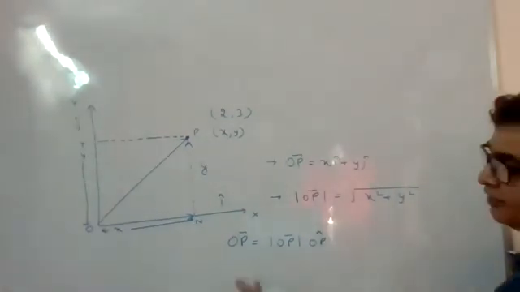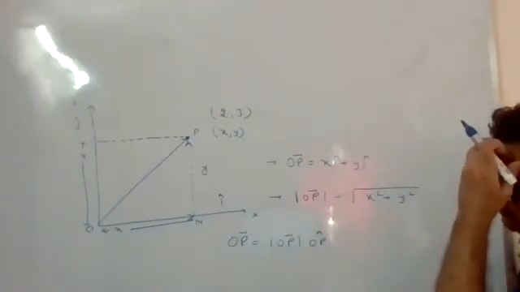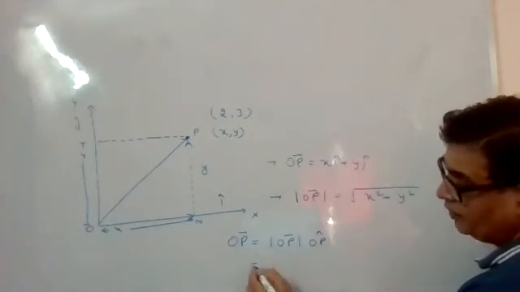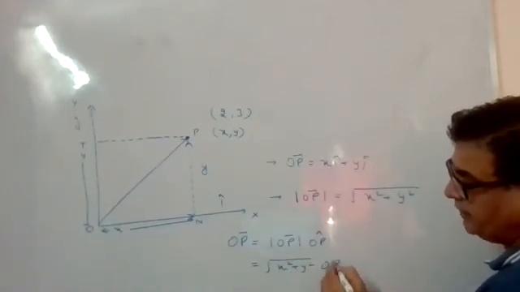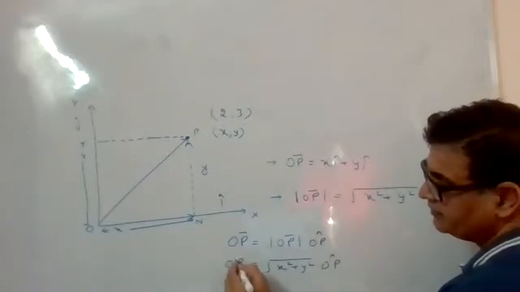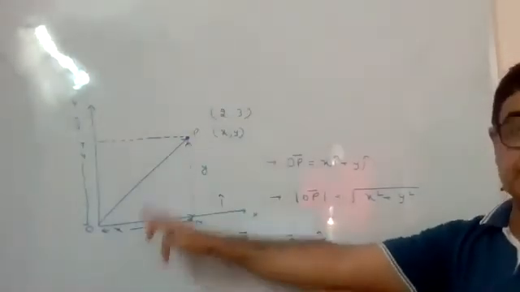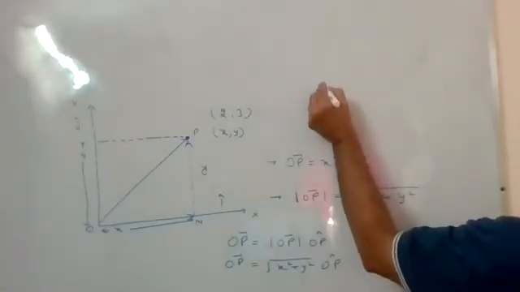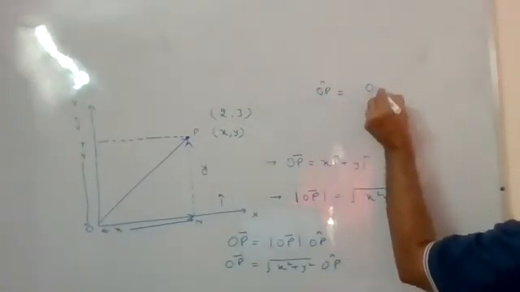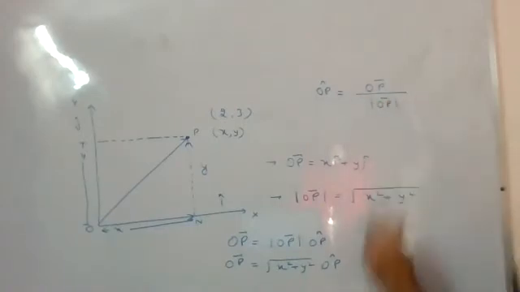That is how we write a vector: the vector is the magnitude of that into the unit vector. The magnitude is square root of x square plus y square, and OP cap gives you the direction, and this is the OP vector. So if you want the unit vector of this vector, what I write here is that OP cap will be the vector divided by its magnitude.